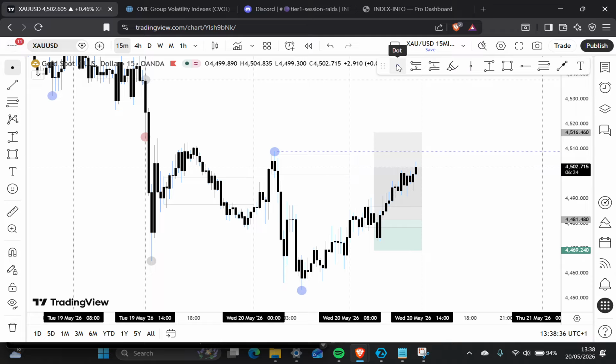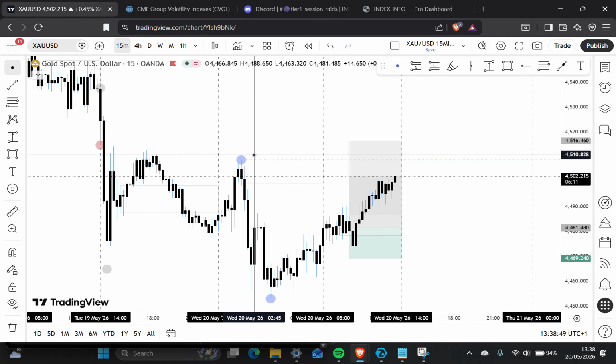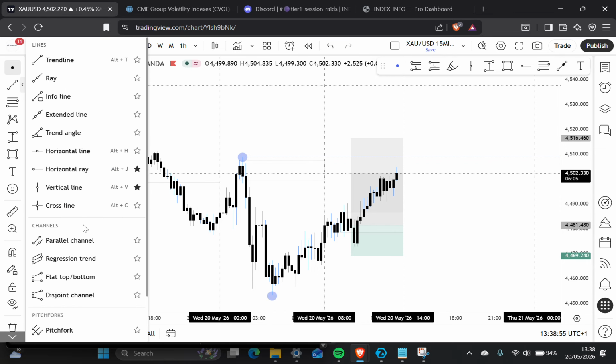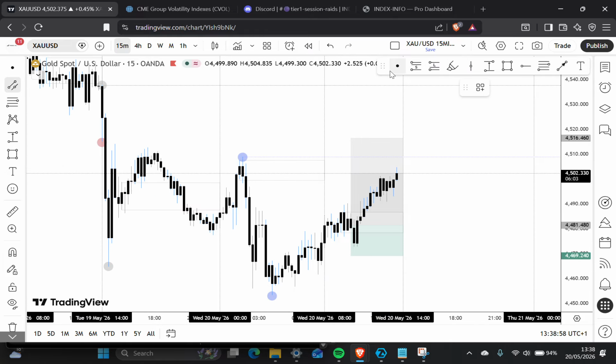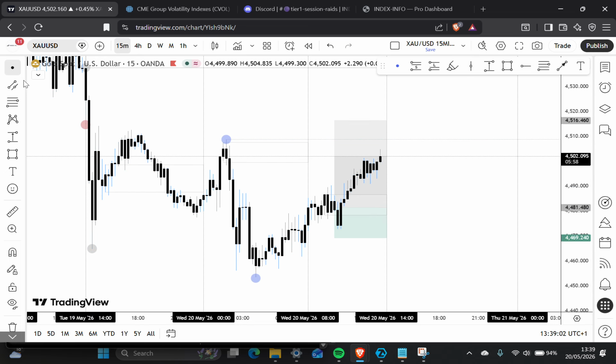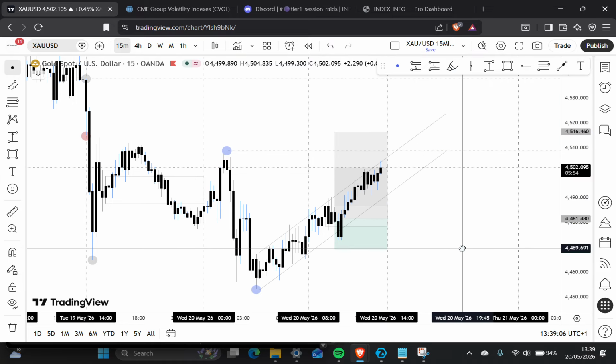One thing with gold before I move into session to session inverses and all of the good stuff. With gold specifically, it's going to grab these mini steps, if you want to call them that. I don't really like using any of these tools, for example parallel channels, but let me just show you. I can annotate over here. Look, you've got this.